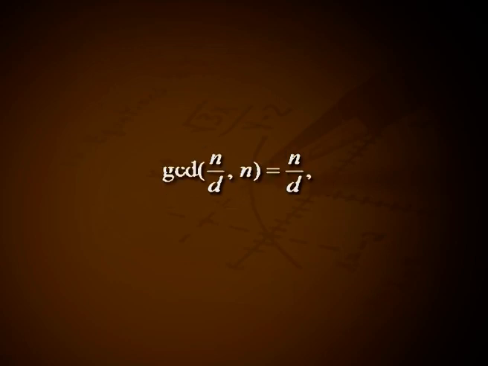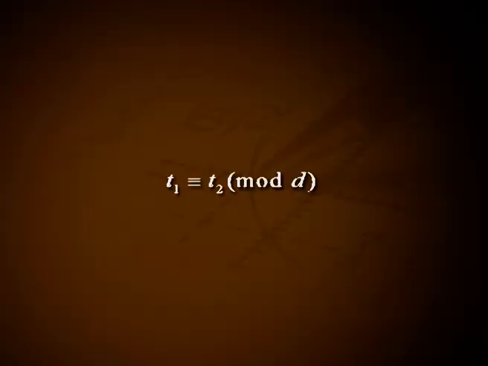Now, gcd(n/d, n) = n/d. The factor n/d could be cancelled to arrive at the congruence t1 ≡ t2 (mod d), which is to say that d divides t2 − t1. But this is impossible in view of the inequality 0 < t2 − t1 < d.